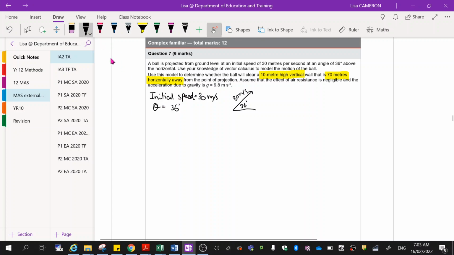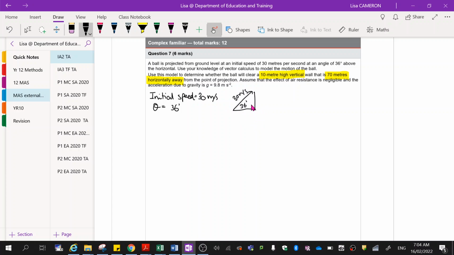First thing we're going to do is talk about this little diagram. It is going to help us work out our displacement in terms of velocity in our I and J components. Our vector for the initial speed goes at 30 meters per second at 36 degrees, so we break it down into I and J components.